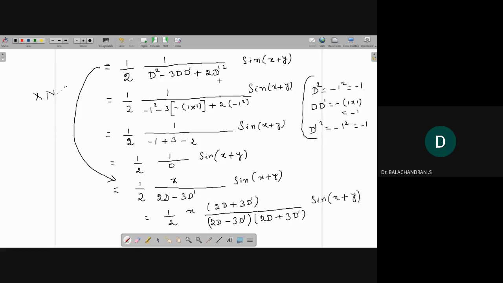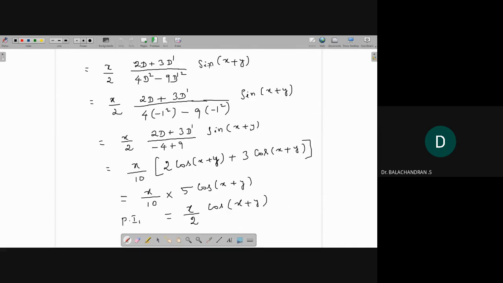Then the numerator is 2d plus 3d dash, and the denominator is 4d square minus 9d dash square, into sin of x plus y. So again you need to do the same procedure. D square equal to minus 1 square. There is no d dash term. So d dash square equal to minus 1 square.